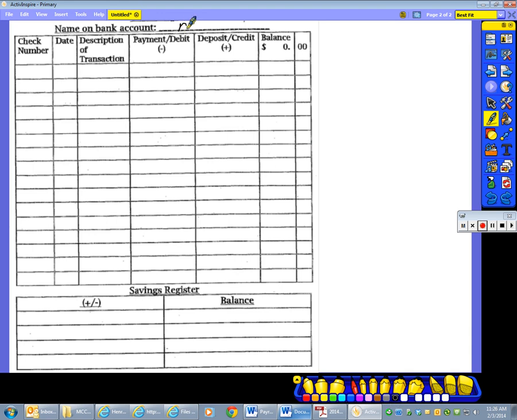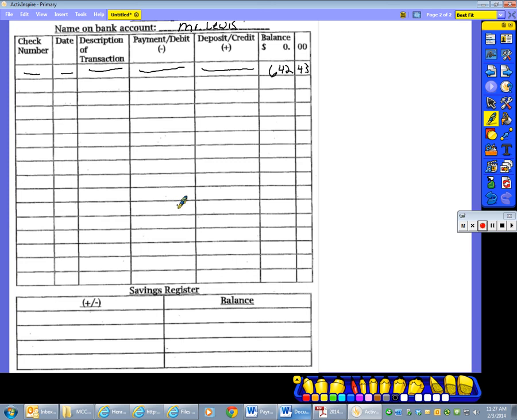Alright, so I'm going to fill in Mr. Lewis's checkbook, and the very first balance we said was $642.43. And you see how I put the whole dollars here and I put the cents over here. It's kind of separated right here. And then that's the beginning balance. So I'm really not going to have anything right here, so you can just leave those blank. And so now let's move on to the next part.